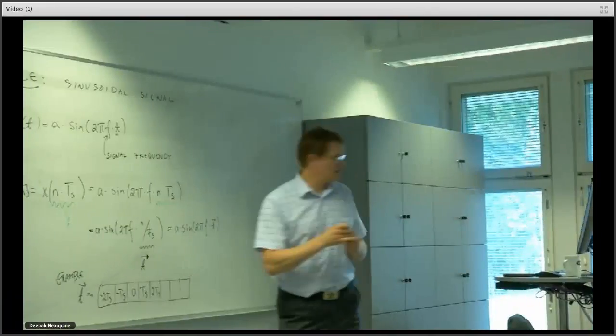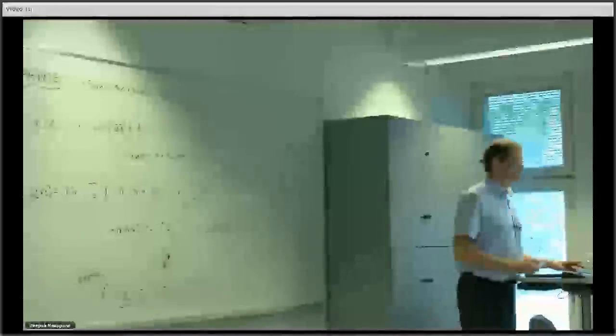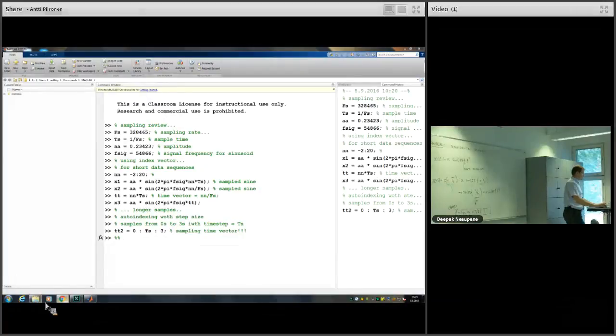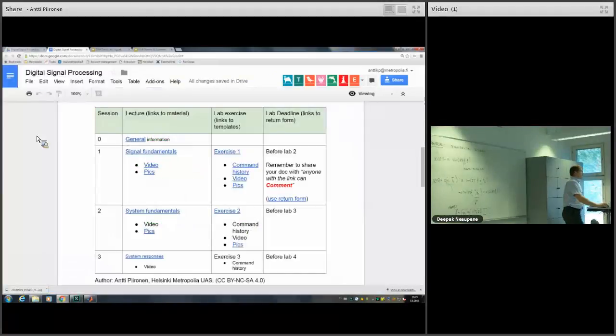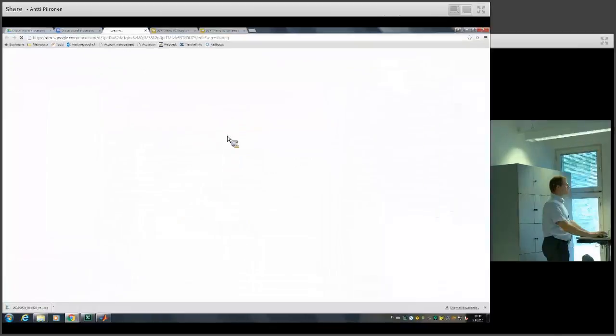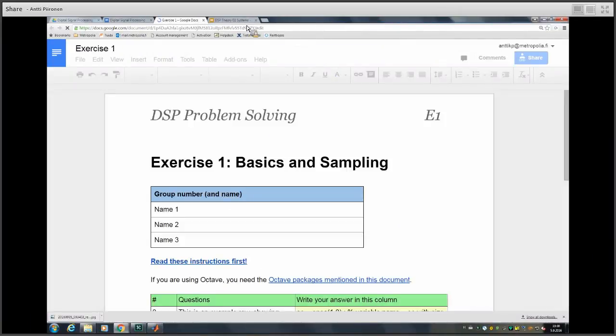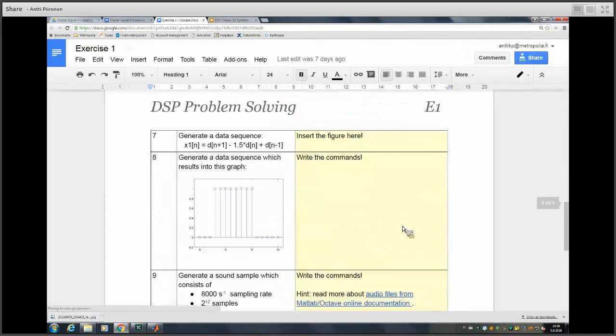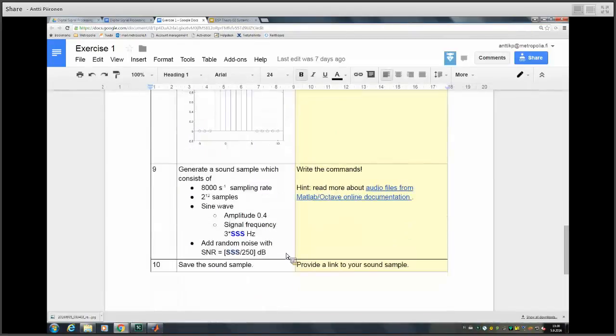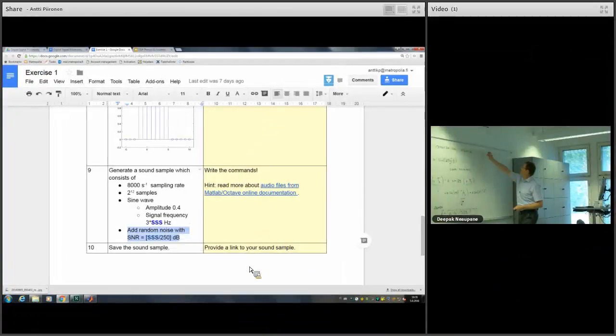Let me take a quick look at the exercise first. Exercise 1. Random noise with signal to noise ratio of SSS divided by 250. SSS was derived from your student ID number. That's the value, not the formula.